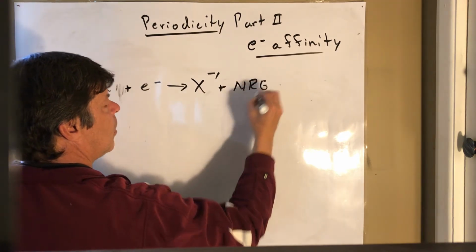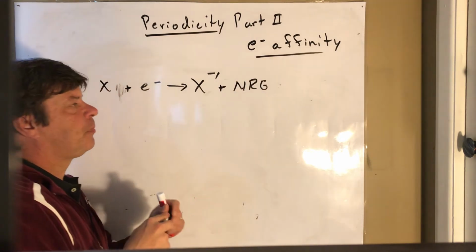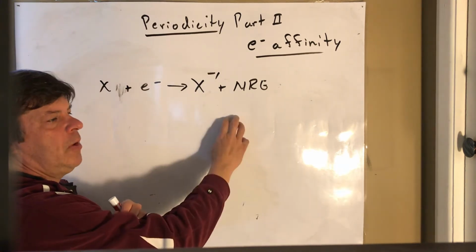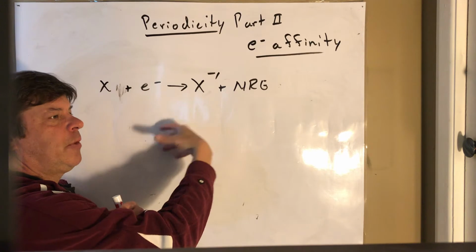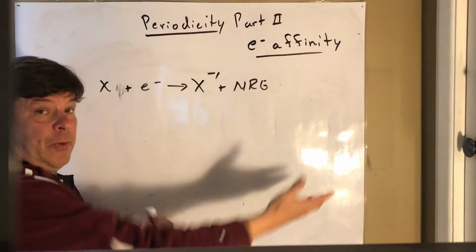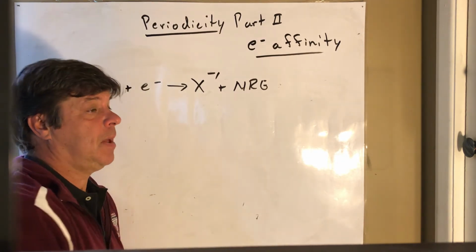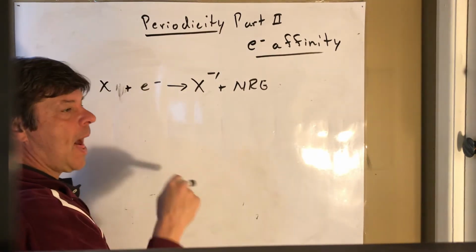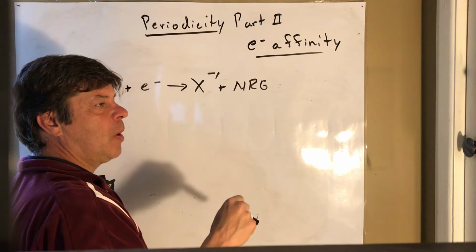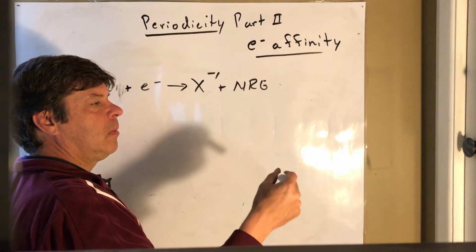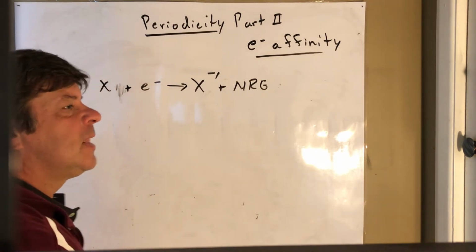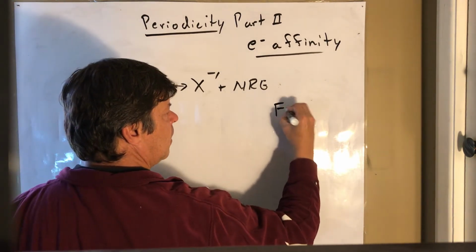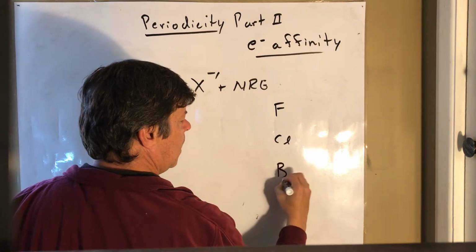So the more energy, the more attraction the atom has for the electron. Okay, let's think about that. The more energy released, the more attraction the atom has for the electron. So let's look at the halogens. I think we should look at the halogens first. So let's look at fluorine, chlorine, bromine, okay?